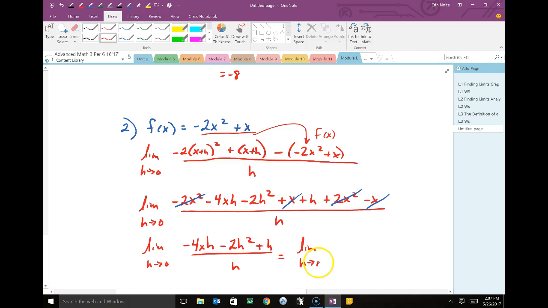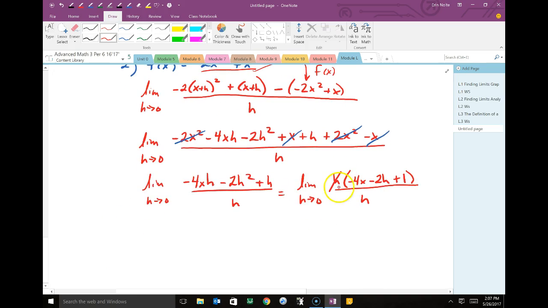This is a part where people get screwed up a lot. If I pull an h out of the top, what's left over of those middle pieces? Negative 4x minus 2h plus 1. Did everybody say plus 1? Because that's the part where people make mistakes. Don't forget that plus 1. Okay, so now my h's cancel.